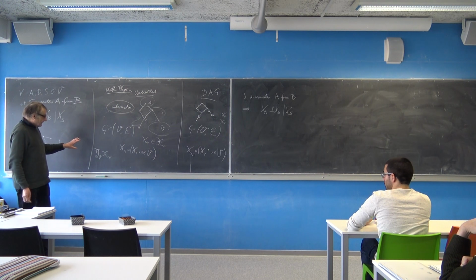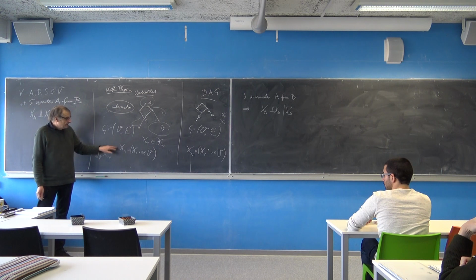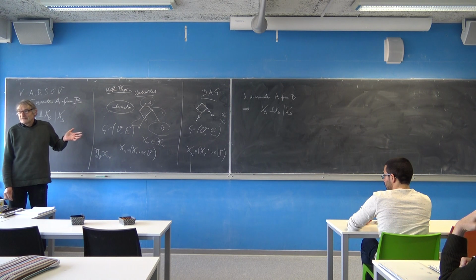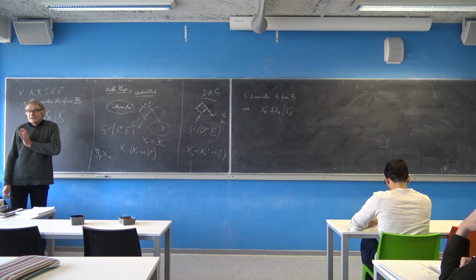Okay, and another case he likes very much is the case when we are told in advance that all these random variables together are multivariate normally distributed, in which case the joint probability distribution only depends on a mean vector and a covariance matrix.